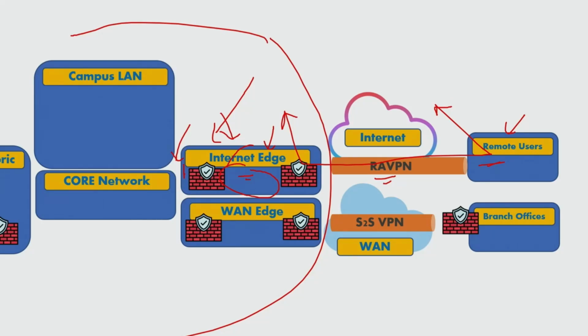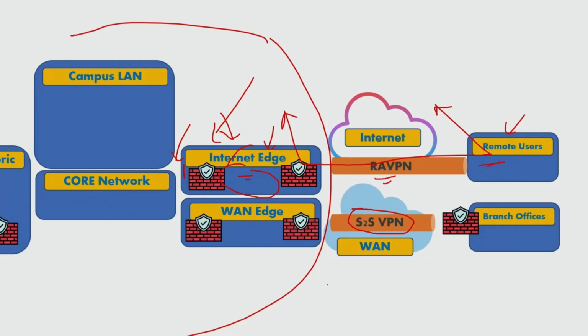Now, if connectivity over the internet is required, the internet edge can also provide site-to-site VPN, which is in here, to connect remote branches, either to save money on more expensive dedicated WAN links or to provide redundancy for branch offices connected via dedicated WAN links.